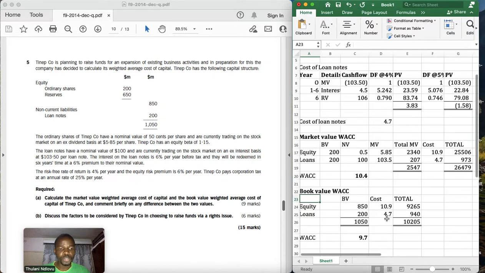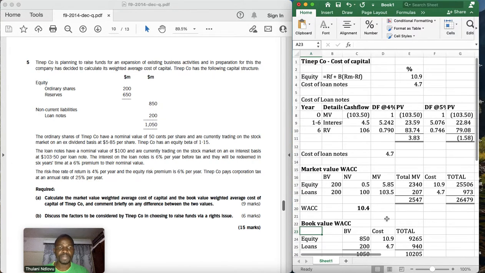So for you to earn these 9 marks, you are supposed to follow this methodical approach, whereby you first of all calculate the costs of capital, which is equity, and cost of the loan notes, which is the cost of debt. But the cost of debt has more marks, as you are required to calculate it using the approximation formula for the IRR, which requires you to use this 7-column table.